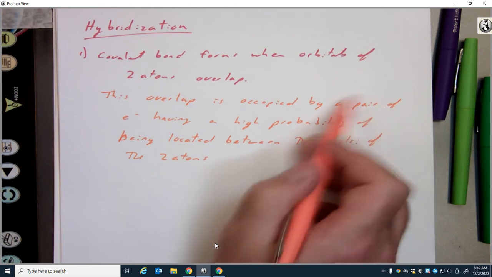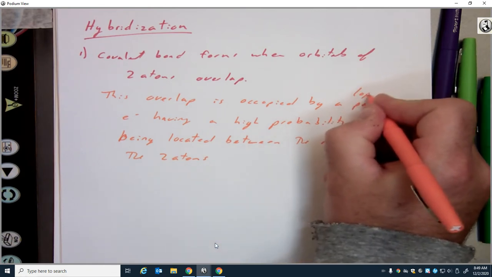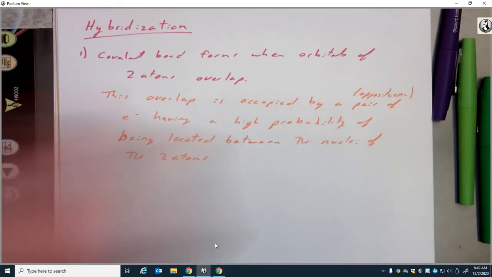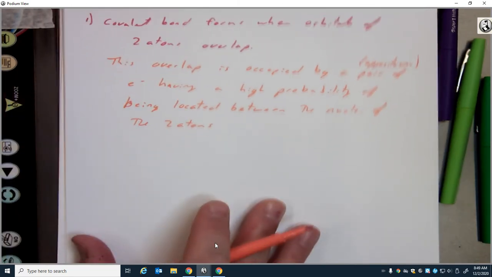And by the way, this pair must have opposite spin, just like we were filling in our orbitals, these have opposite spin also.